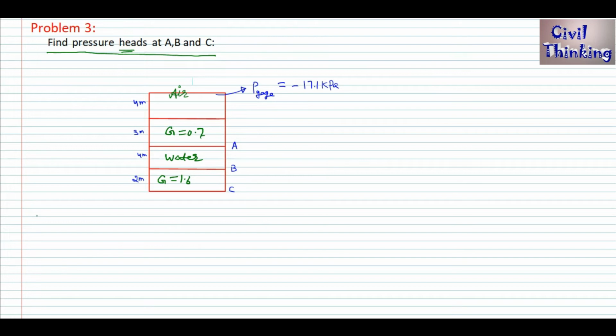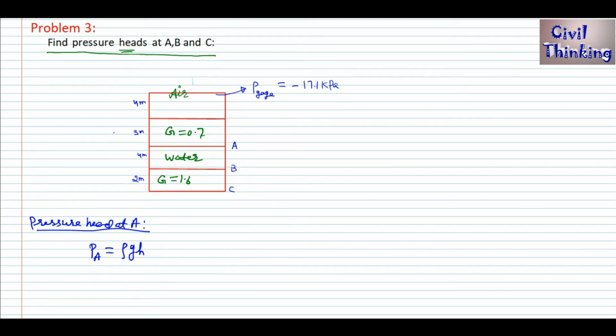Now let me change the color. Now pressure head at A. Now we know pressure at A is equal to rho gh.